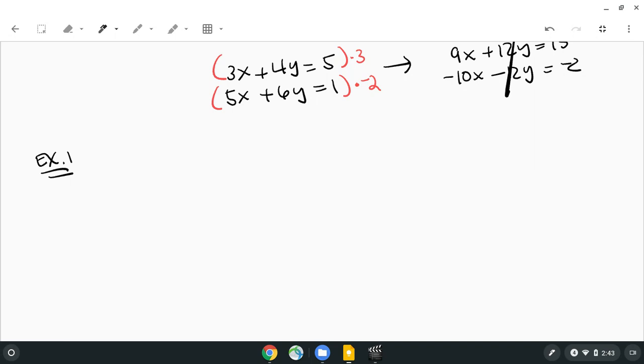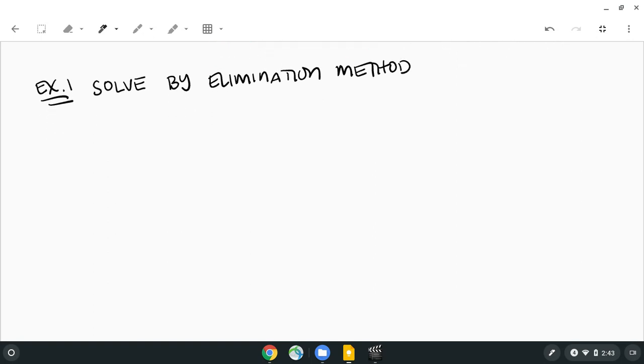All right, so let's go ahead and solve by elimination method. Suppose I have this system. x plus 2y equals 4, and 2x minus y equals 3.